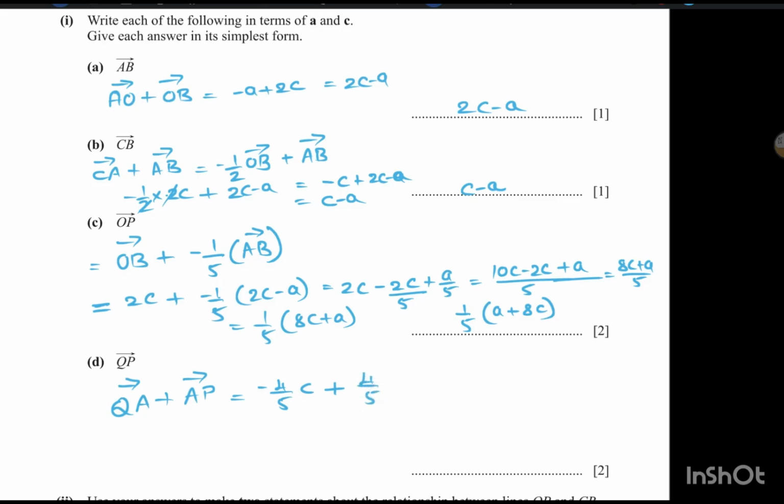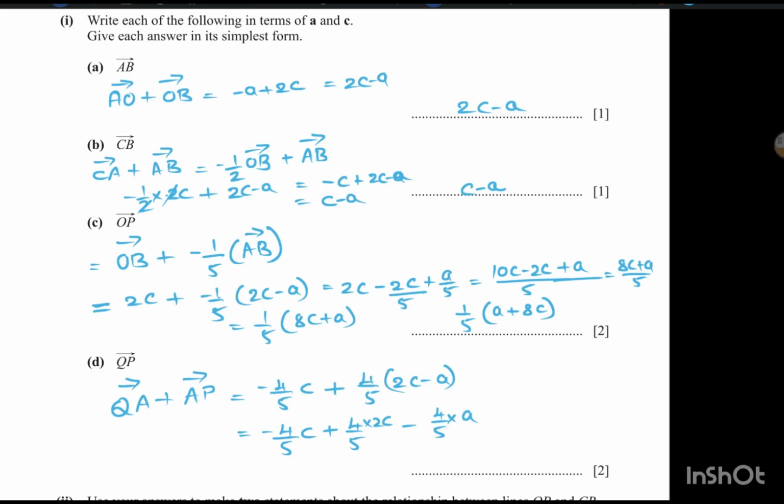So AB, how much did we get? 2C minus A. So negative 4 by 5 C plus 4 by 5 into 2C minus 4 by 5 into A.